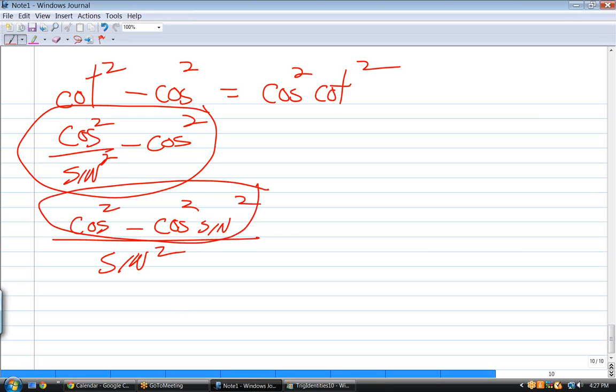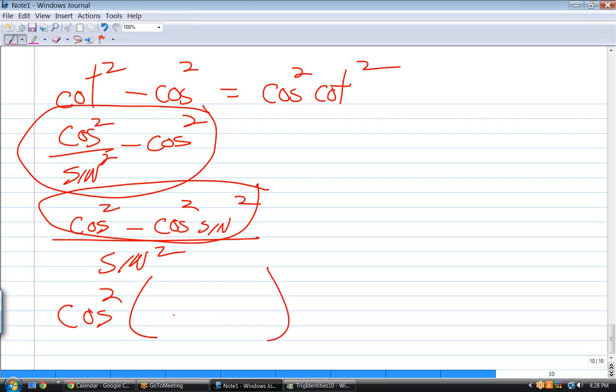Wouldn't it just be factor? Yeah, factor. Because notice what you're going to have left after you factor. You're going to have 1 minus sine squared. That's 2 terms that can be turned into one term. Okay, so I got cosine squared.